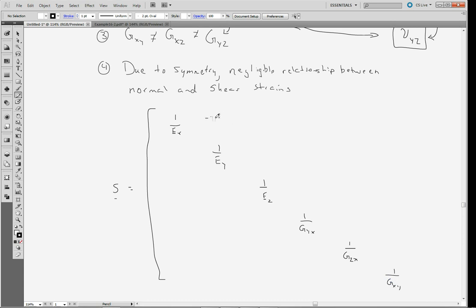Then we're going to have all our different Poisson's ratios: ν_XY over E_Y, ν_XZ over E_Z, ν_YZ over E_Z. I know, I fill these in kind of randomly. It's hard to figure out which way to fill them in sometimes. And then ν_YZ over E_Y. Okay, that's everything. Everything else is zeros because of our symmetry concern.